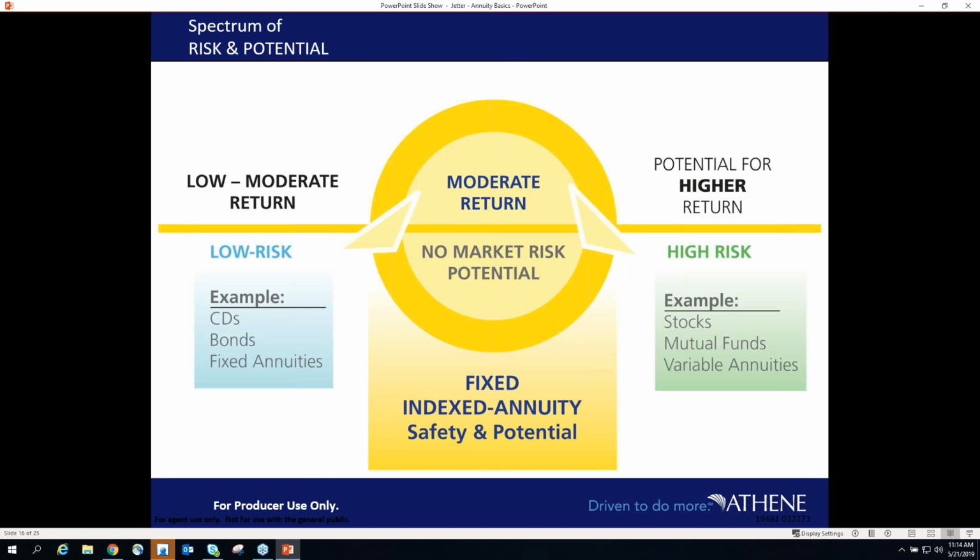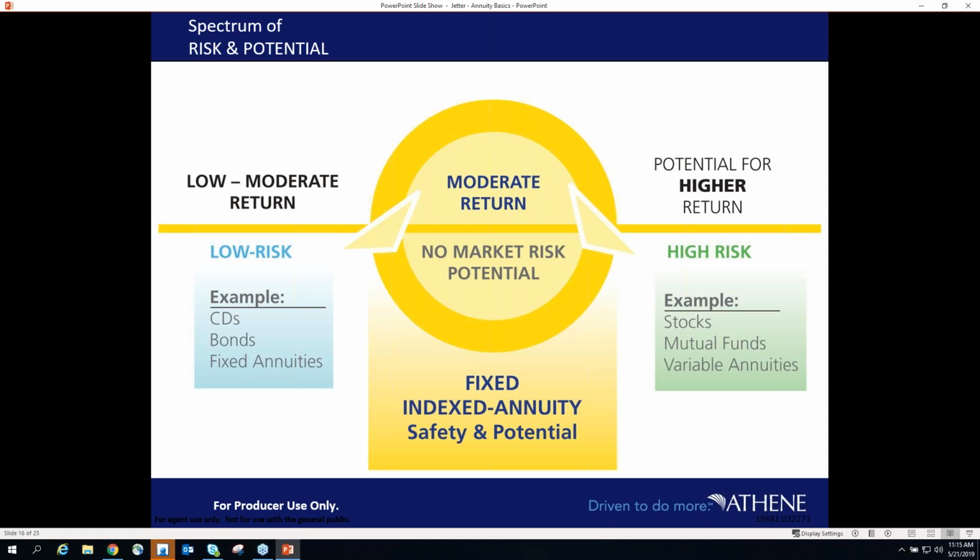So here is the spectrum of potential annuities and the risk that goes along with them. Some of the things you can invest in that are low to moderate return and very low risk are going to be CDs, bonds, and fixed annuities. Something with a little bit more moderate return and no market risk is going to be a fixed indexed annuity.